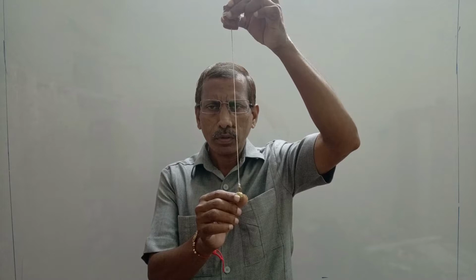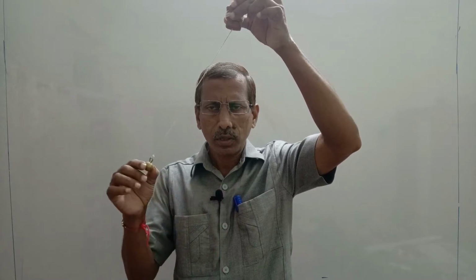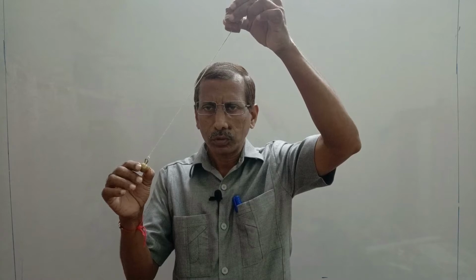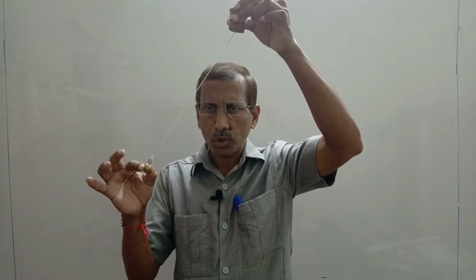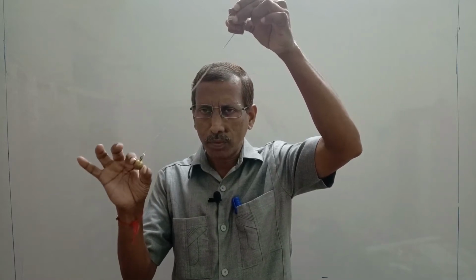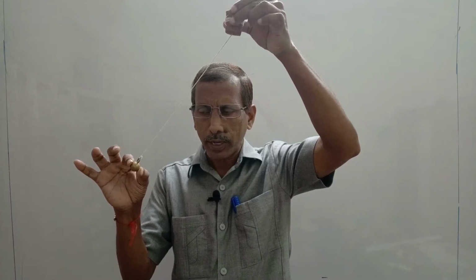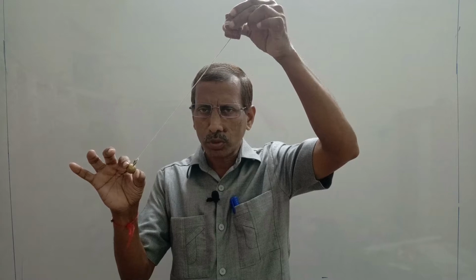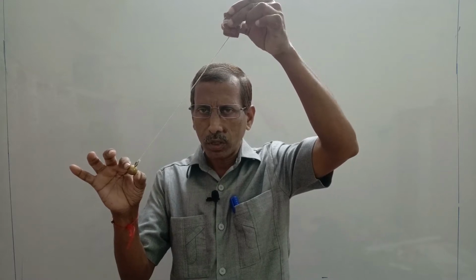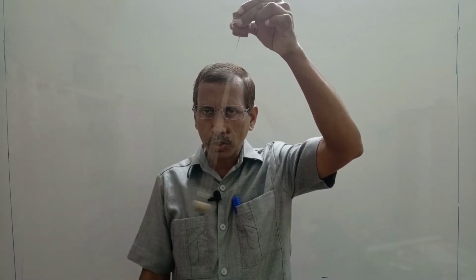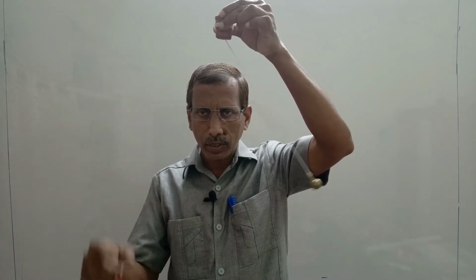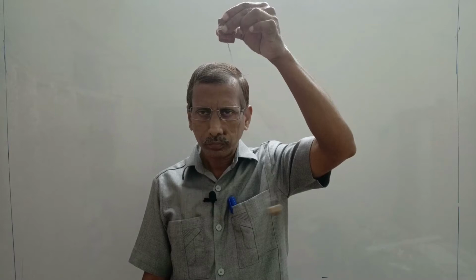When this bob is displaced from its mean position, a restoring force develops in the bob, and due to the property of inertia and the restoring force, this bob describes oscillatory motion about its mean position.